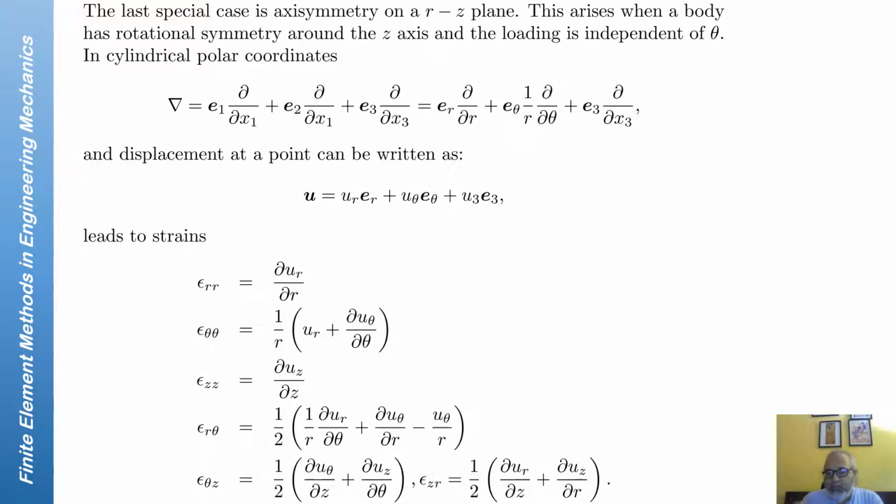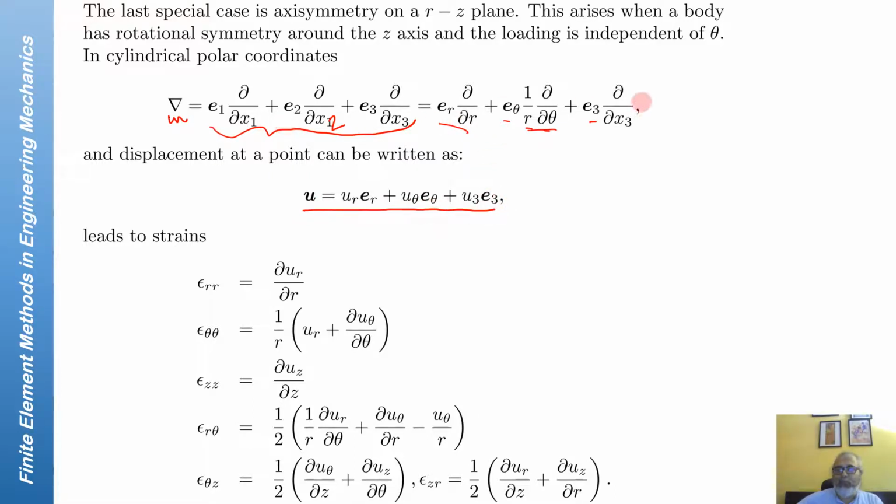In the Cartesian system, the nabla operator is e1 del/del x1, e2 del/del x2, and e3 del/del x3. In the cylindrical polar coordinate system, that becomes er del/del r, e theta 1/r del/del theta, and e3 del/del x3. So this 1/r del/del theta is important.